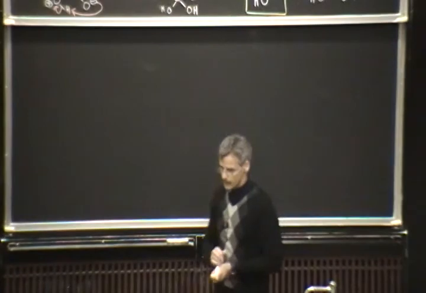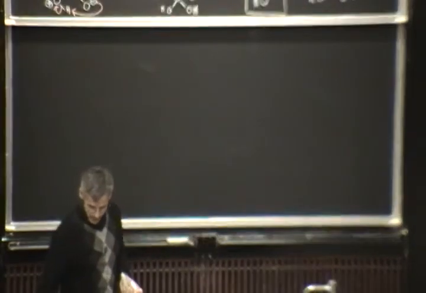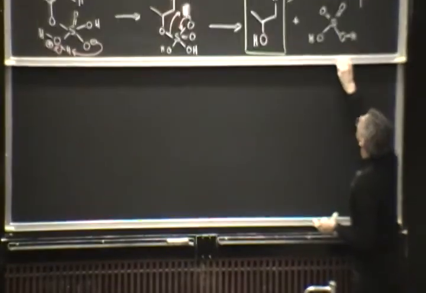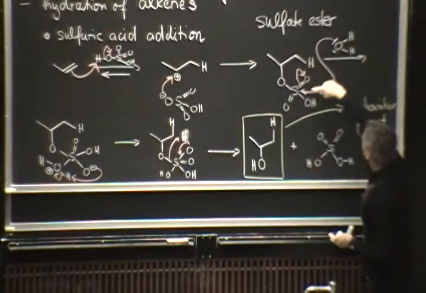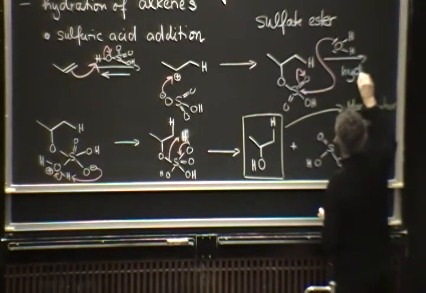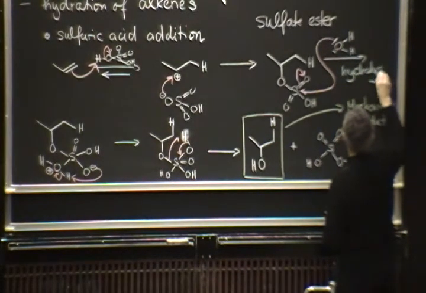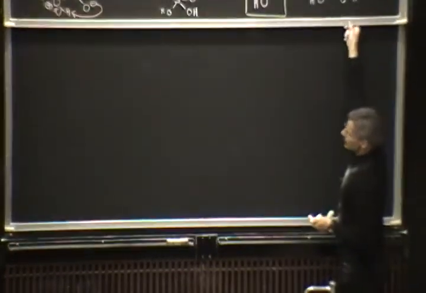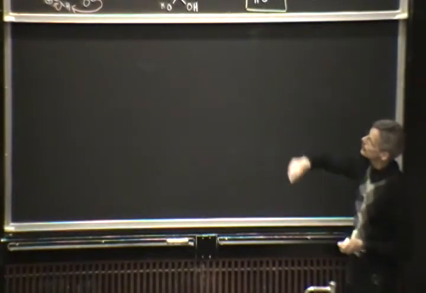So the reaction that continues with the attack of the water molecule, this would be our hydrolysis step, because we eliminate the sulfate monoester here, and we kick out the acid, which is the sulfuric acid, which we used to begin with.